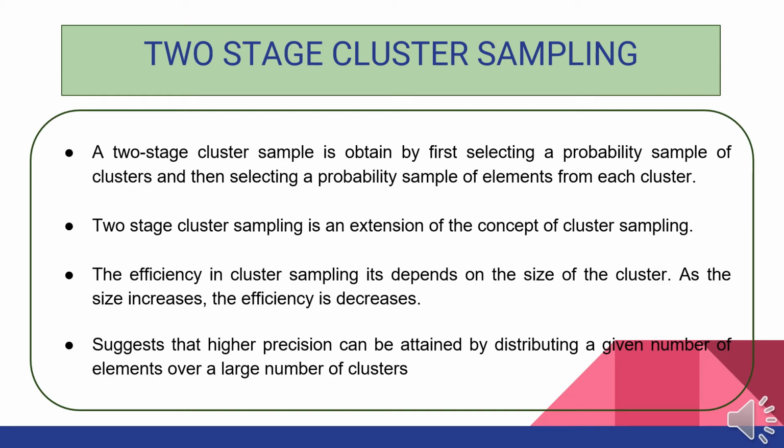Moreover, the efficiency in cluster sampling depends on the size of the cluster. As the size increases, the efficiency decreases. It suggests that higher precision can be attained by distributing a given number of elements over a large number of clusters, and then by taking a small number of clusters and enumerating all elements within them.